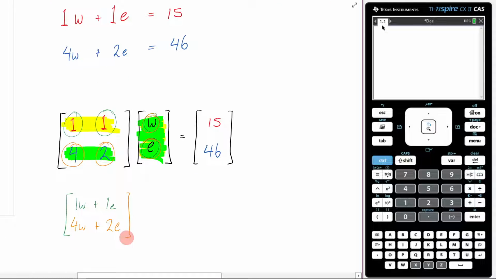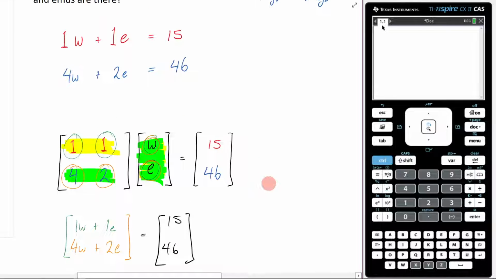And this is going to be equal to 15 and 46. And hopefully you can see that this right here is the same as what we started with, wasn't it? 1W plus 1E is equal to 15, 4W plus 2E is equal to 46. So that's how that multiplication there is working and why these matrices represent these equations here. So hopefully that makes sense.